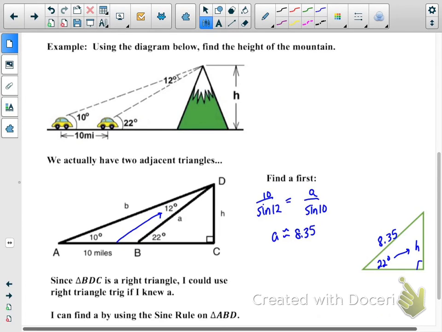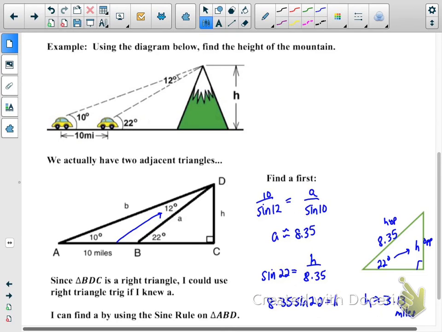So this is my opposite, and I know my hypotenuse. This is a little bit weird because h here is actually my opposite side. The sine of 22 is equal to h over 8.35. So 8.35 times the sine of 22 is equal to h, and h is approximately 3.13 miles.